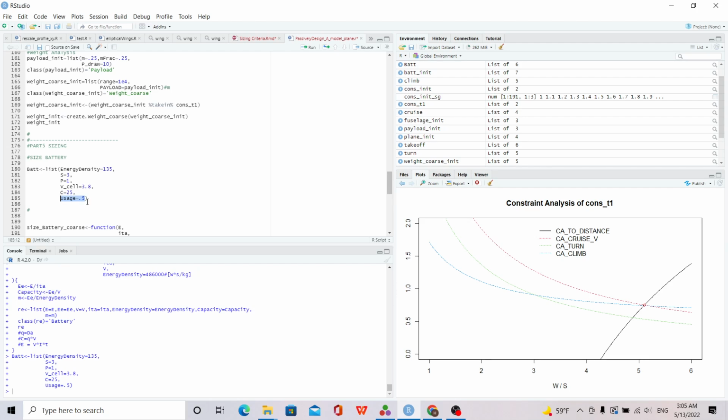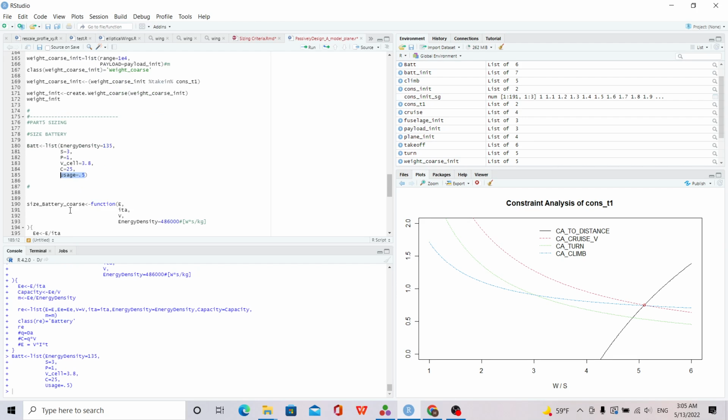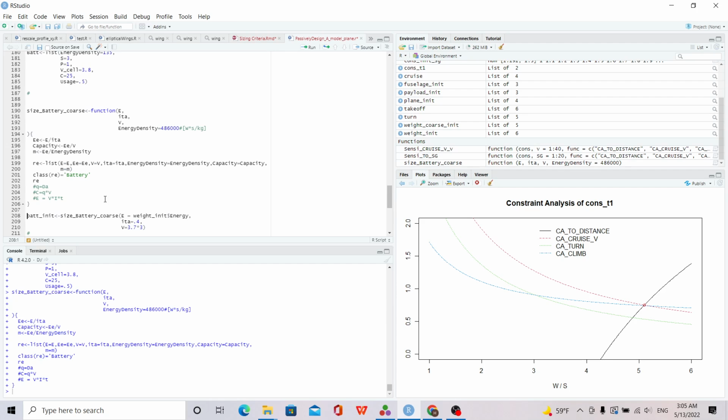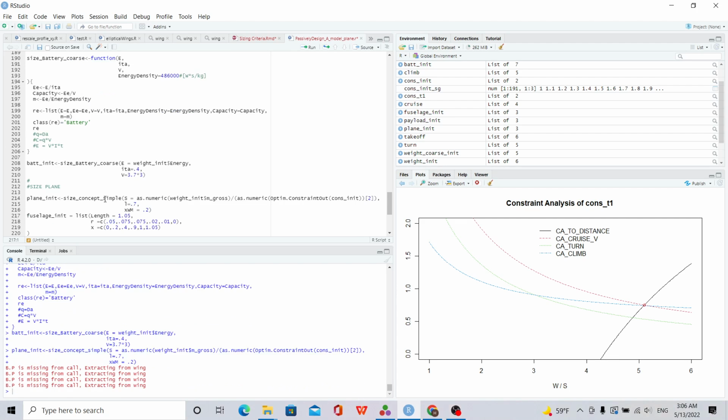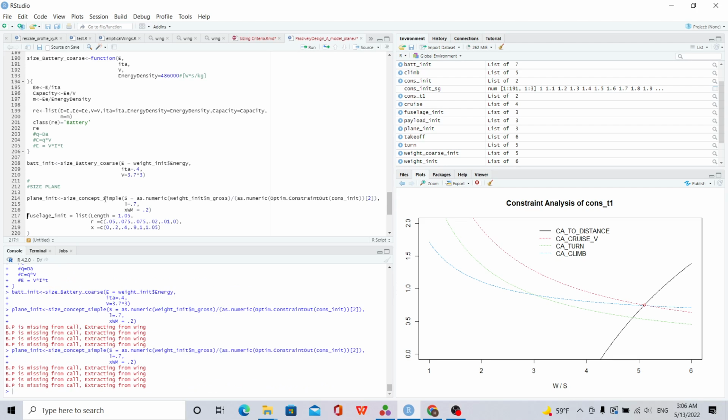So this is a usage factor. I put it to 0.5 because I was kind of going conservative. And there's a function to let you sort out how much battery you should use, what's the capacity, what's the rate of discharge, and then you get a plane.